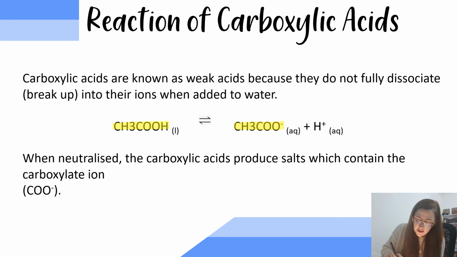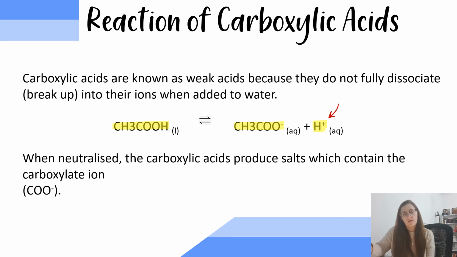The CH3COO-, which is your negative ion or your anion, and H+, which is your positive ion. And remember, it is this H+ which makes acidic solutions either lower pHs or higher pHs.